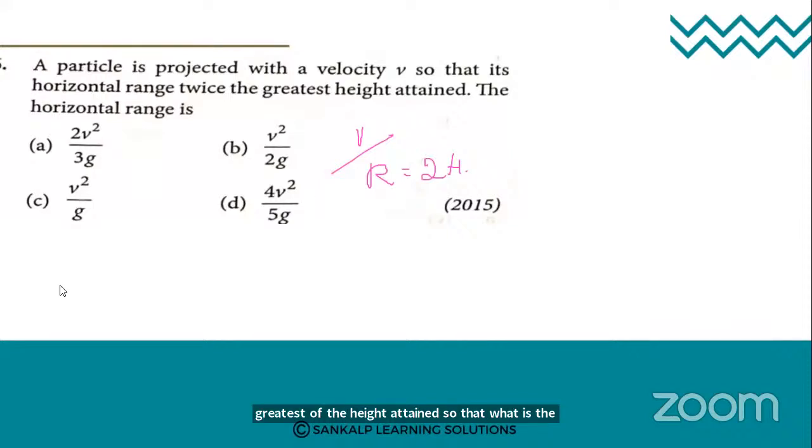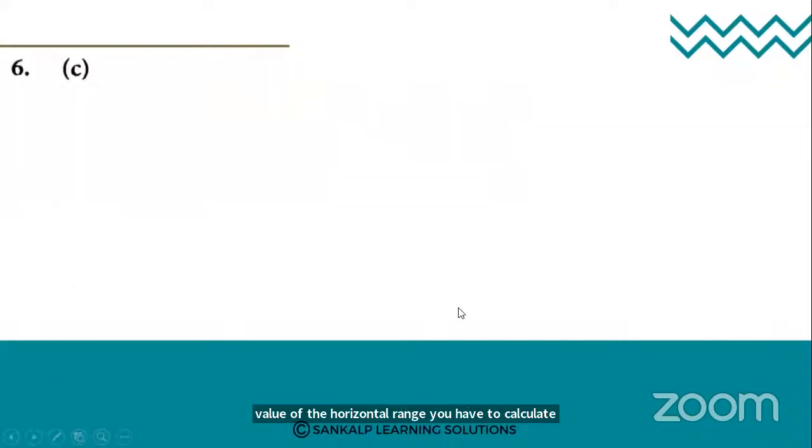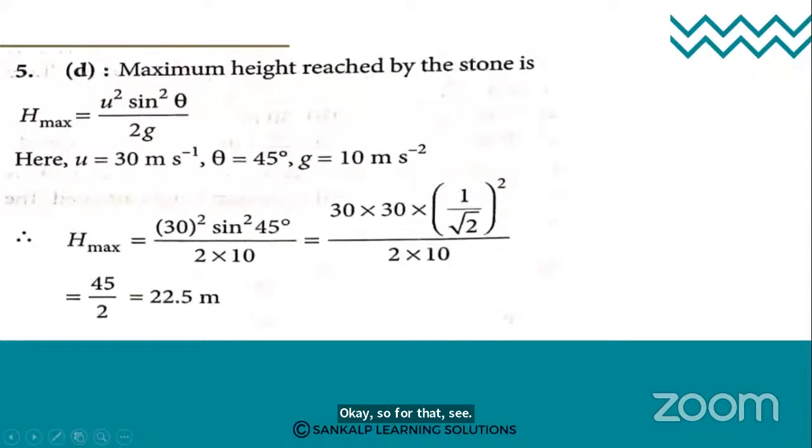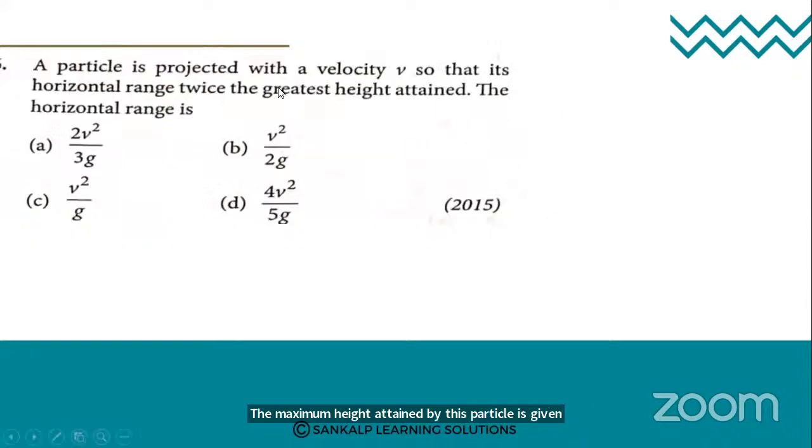As we know, just now you have seen the equation, the maximum height attained by this particle is given by H equal to u square sine square theta divided by 2g.